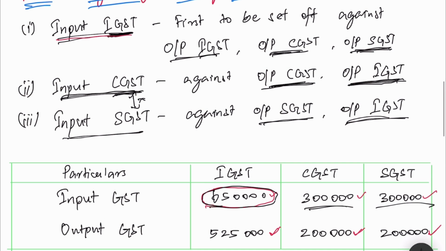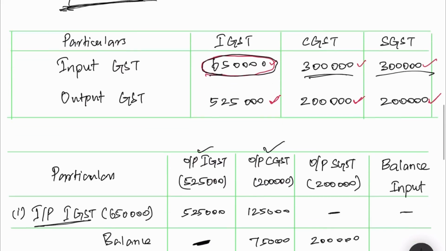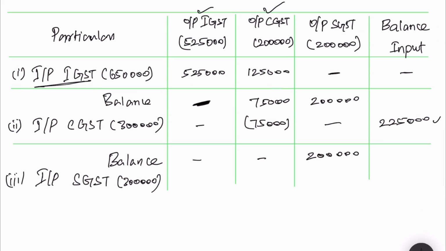For setting off of input SGST, you can use output SGST or output IGST if output SGST is not sufficient and output IGST is available. But in this case, you see, output SGST available is only 2 lakh, but we need to set off 3 lakh.